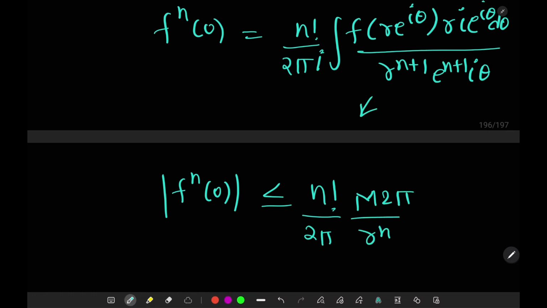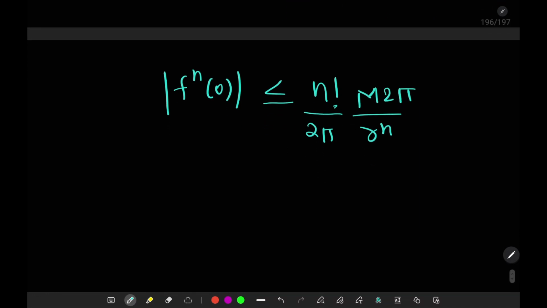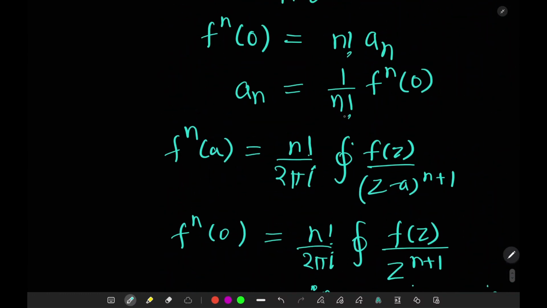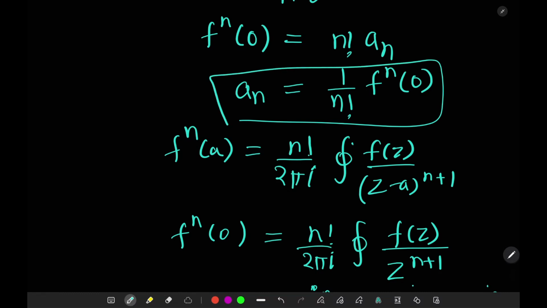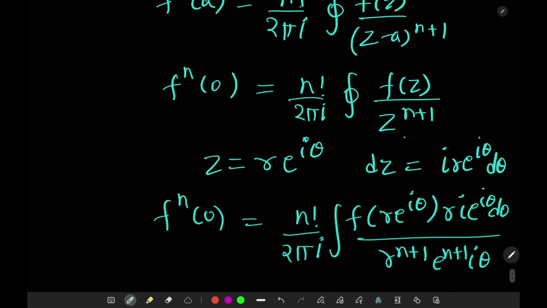After doing this integration we get this value, and using the Cauchy inequality we can write this. If we find the value of this, a_n is equal to 1 by n factorial into the nth derivative of f.